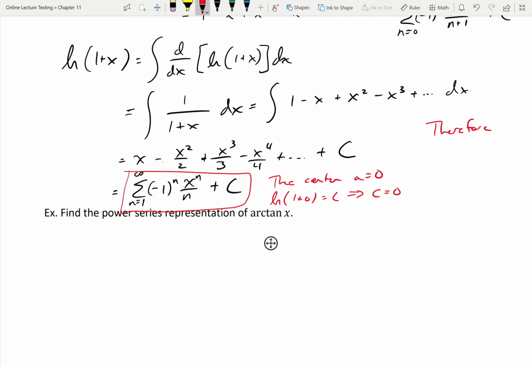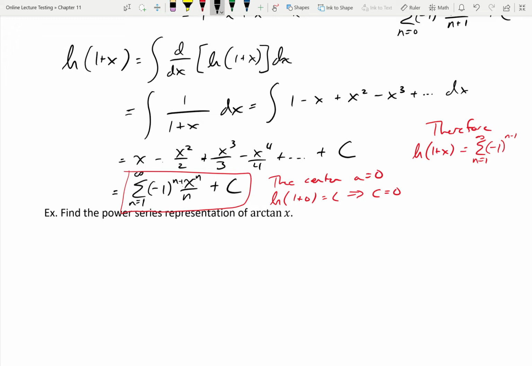and I'm going to talk about this again in just a second, the natural log of 1 plus x is equal to the series as n goes from 1 to infinity of negative 1 to the n minus 1. Oh, and I need to change that.